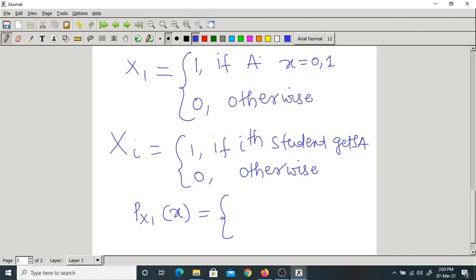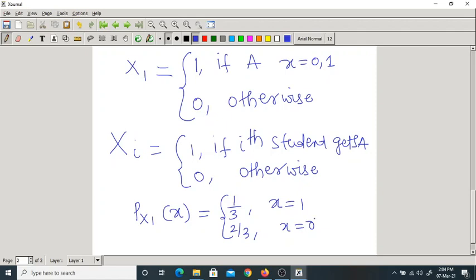If he gets A grade, we call it 1. What is the probability of getting A grade? 1 by 3 if x equals 1. The probability of not getting A grade is 2 by 3 if x equals 0. So this is the PMF of the x1 random variable.